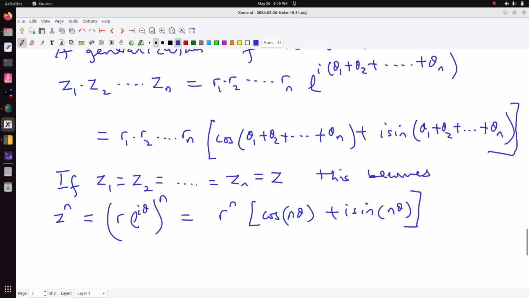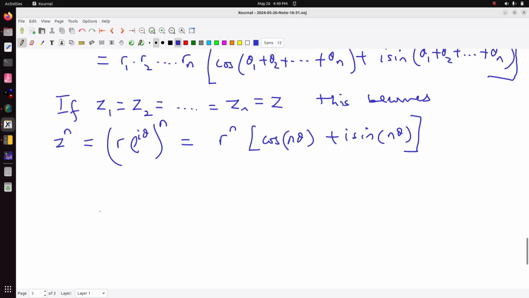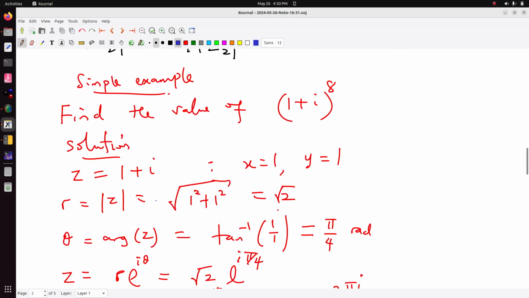If we write cos theta plus i sine theta raised to power n, because z is r into bracket cos theta plus i sine theta. I think I've written that up here.